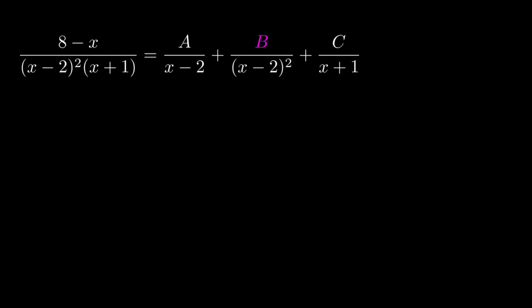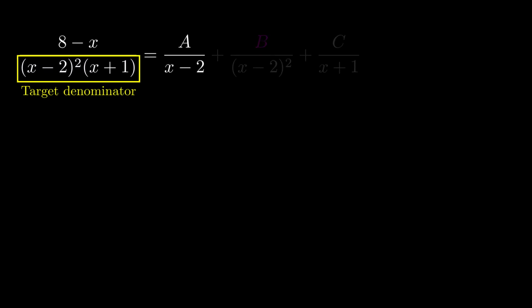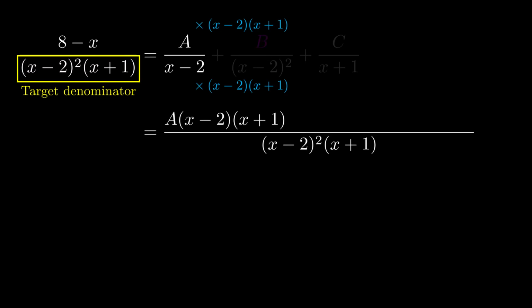What we're going to do with this is we want to have a common denominator on the right. So we pretend we're adding those fractions again, so we're targeting that denominator. So let's look first at the a over x minus 2. It needs another copy of x minus 2 as well as x plus 1. So we're going to get that multiplying by the a. Then move on to the middle guy.